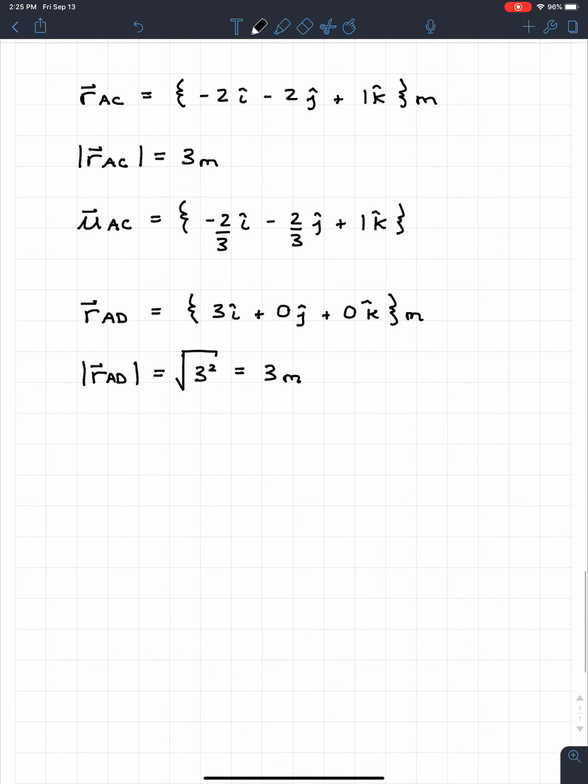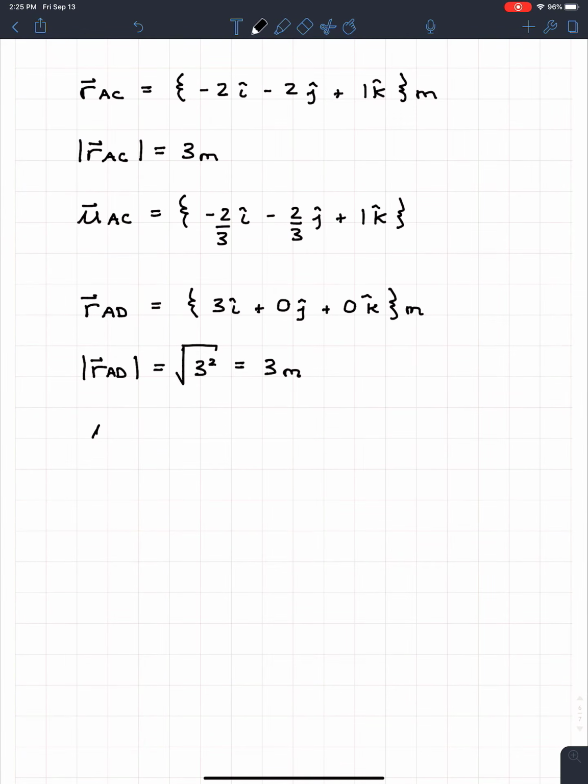Okay, so now what we're going to find is the unit vector AD is going to be 3 over 3, so it's going to be 1I plus 0J plus 0K. Now, I did 3 steps to get there: position vector, the magnitude, and then the division.